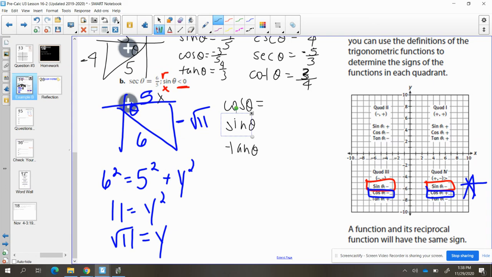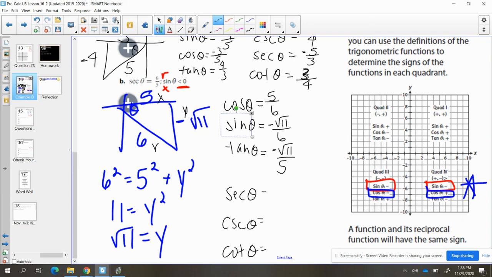Cosine is your x value over your r value. Sine is your y value over your r value. Tangent is y over x. And then from there, the reciprocals of secant, cosecant, and cotangent are going to just require us to flip those.